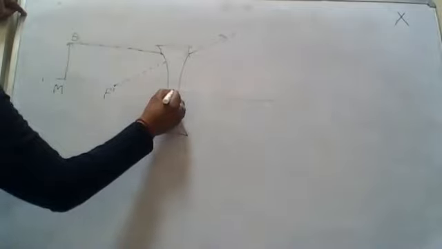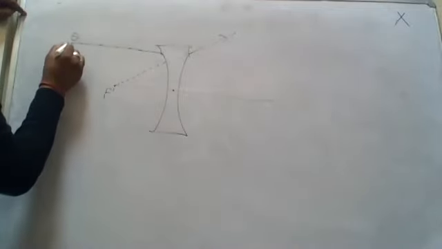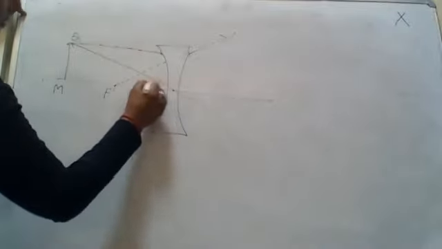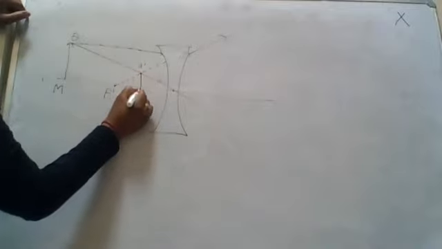Another ray we can draw goes towards the center of the lens, undeviated. Where these rays cut, that point will form the image of this object point Q. So this is Q prime, and this will be N prime.